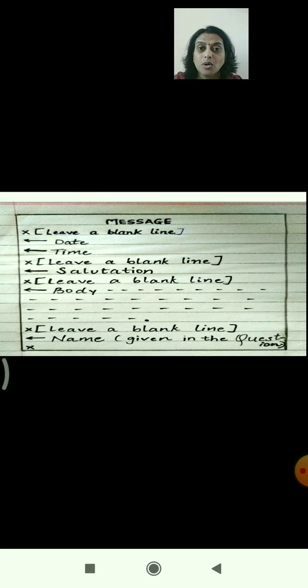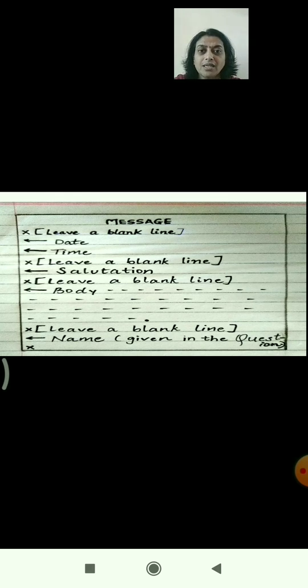Many times it happens, once we have finished writing the message, you have written everything properly, in a hurry, by mistake, you end up writing your own name there, which you are not supposed to do. So again I am telling you this so that it will be there in your mind. Fix it there.